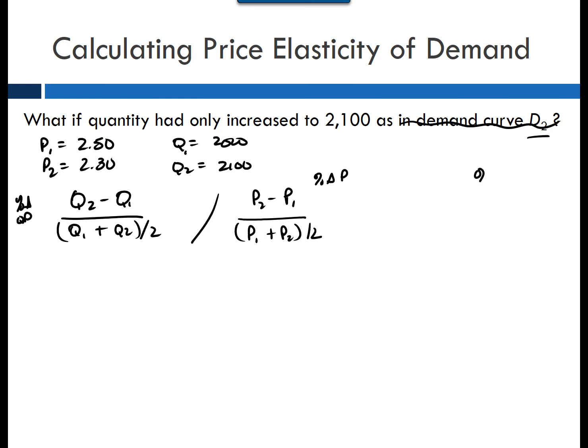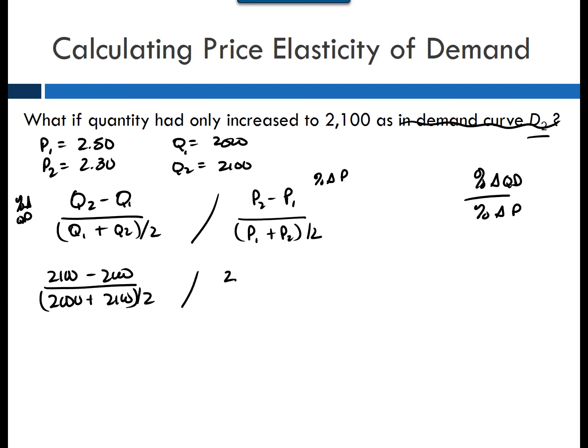And so now I'm left with percentage change in quantity demanded over percentage change in the price. So in this case, quantity 2 is 2,100 minus 2,000, over the midpoint, 2,000 plus 2,100 divided by 2. And then the price is still 230 minus 250 over the midpoint, 250 plus 230 divided by 2.